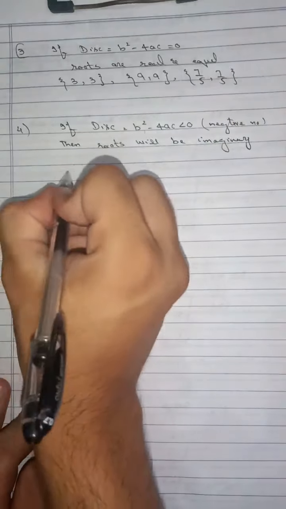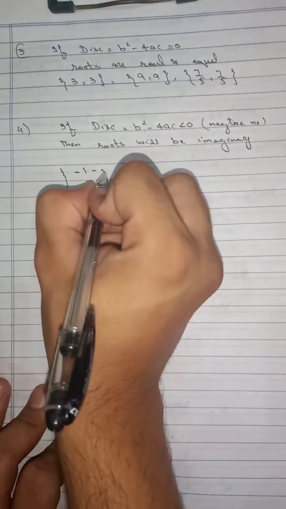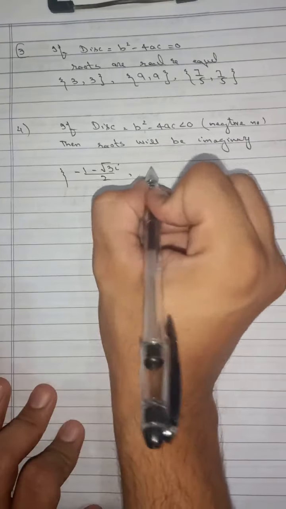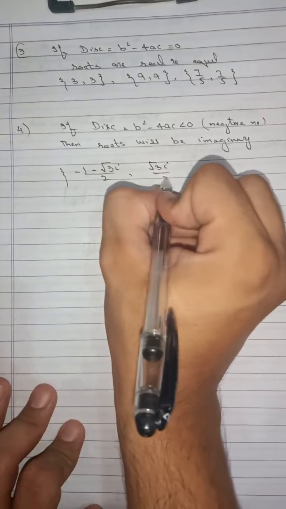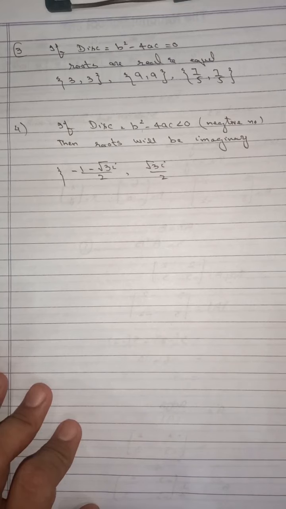Imaginary roots you have already studied in exercise 1.4, minus 1 minus square root of 3 iota over 2, or you have also studied square root 3 iota over 2. It means imaginary means the solution in which iota is involved, they are called imaginary roots.